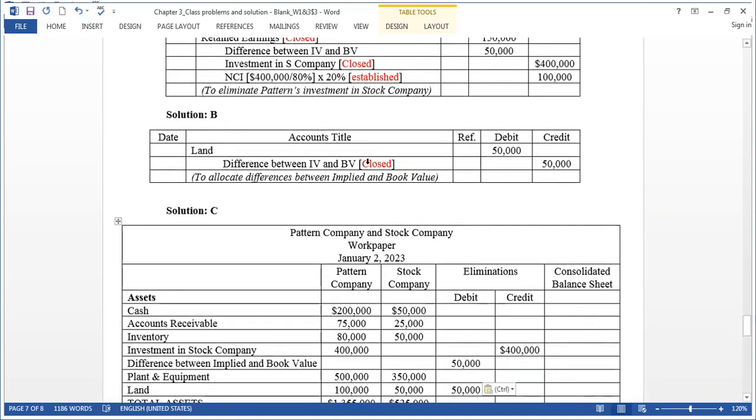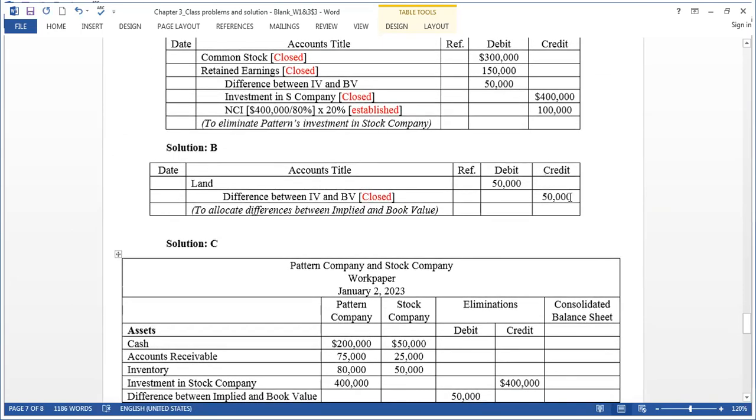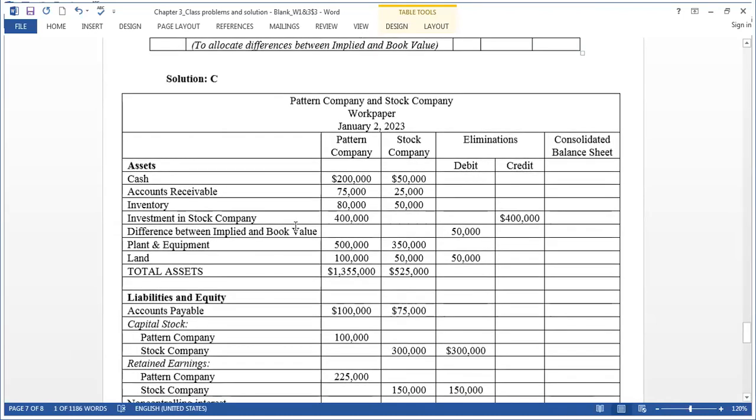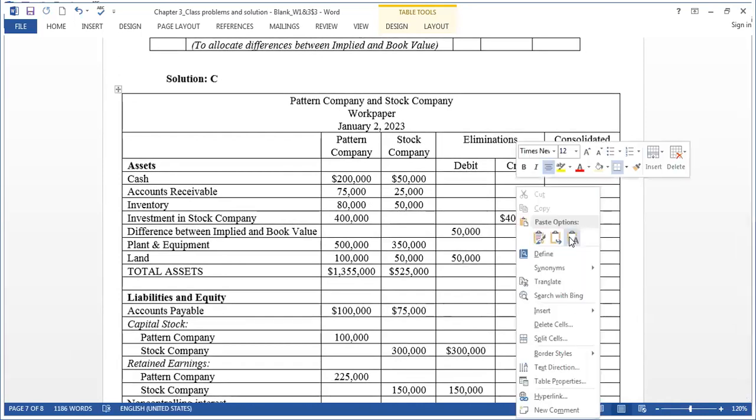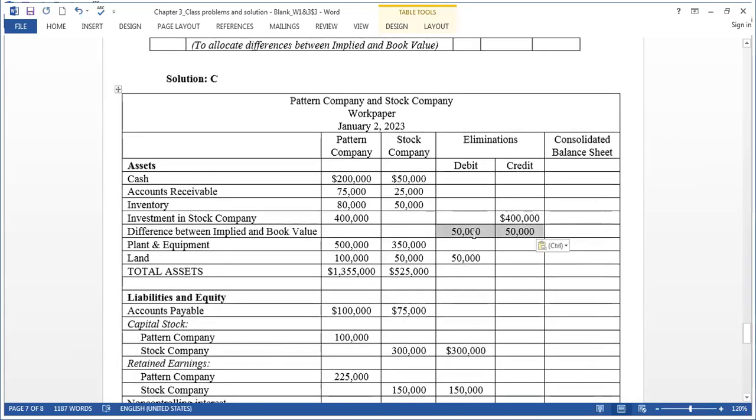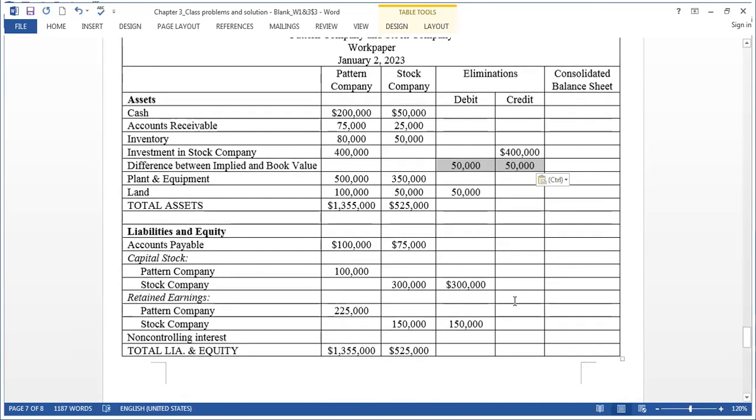Then we have difference again. Before we recorded difference debit, now we record difference credit. Now the difference becomes 0, right? And this difference, where do we transfer it? We transfer it to the land.